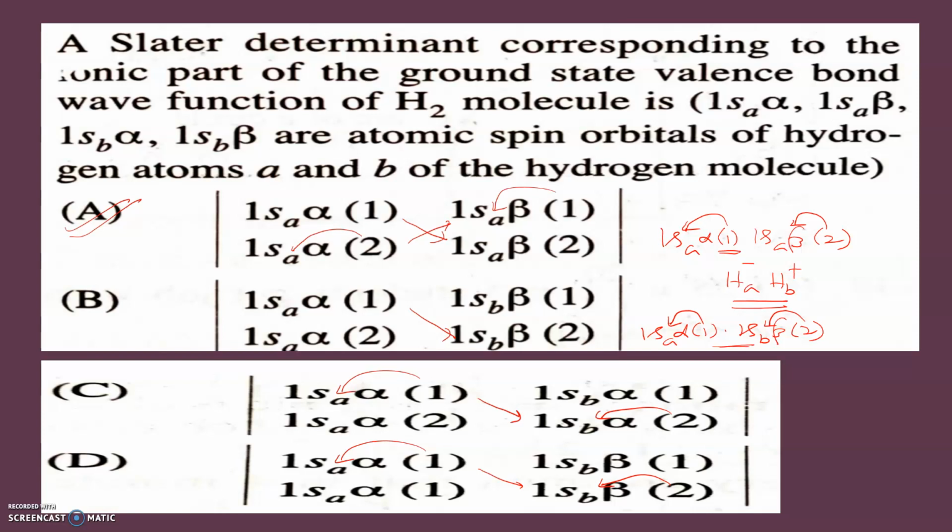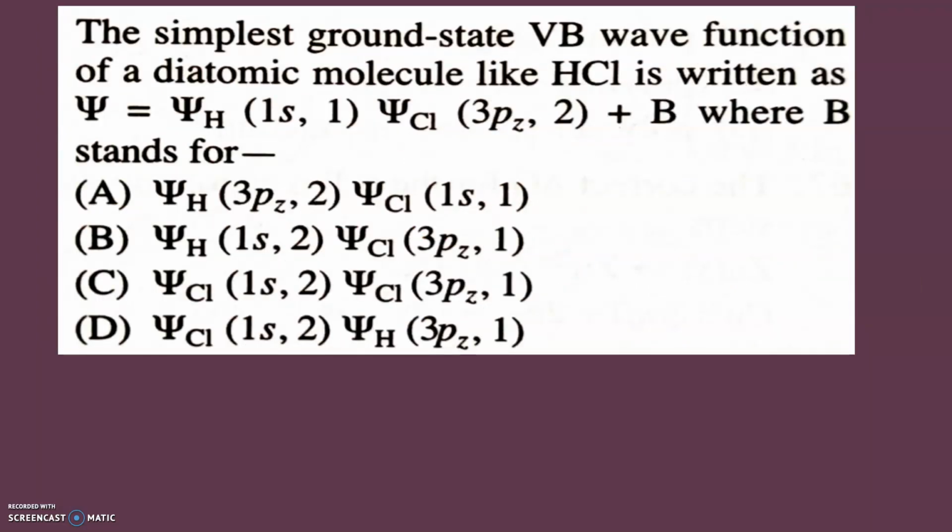Then the next question is, the simplest ground state valence bond wave function of a diatomic molecule like HCl is given in this manner. That is, electron 1 is present in the 1s orbital of hydrogen atom A. Then electron 2 is present in the 3pz orbital of the chlorine atom, plus B. What is this B?